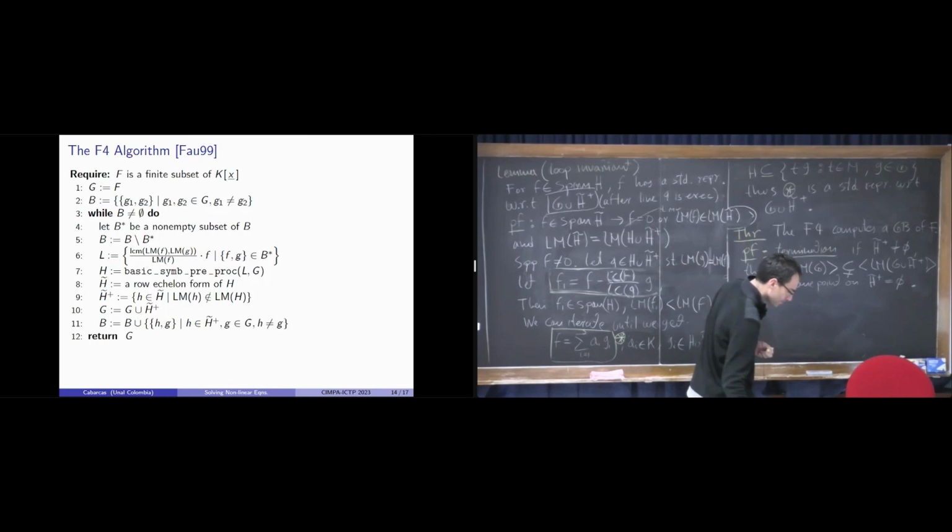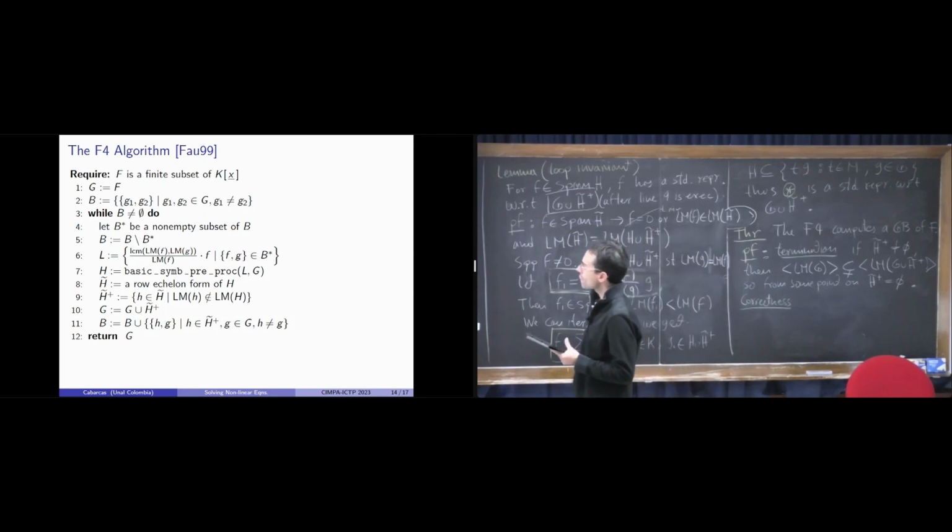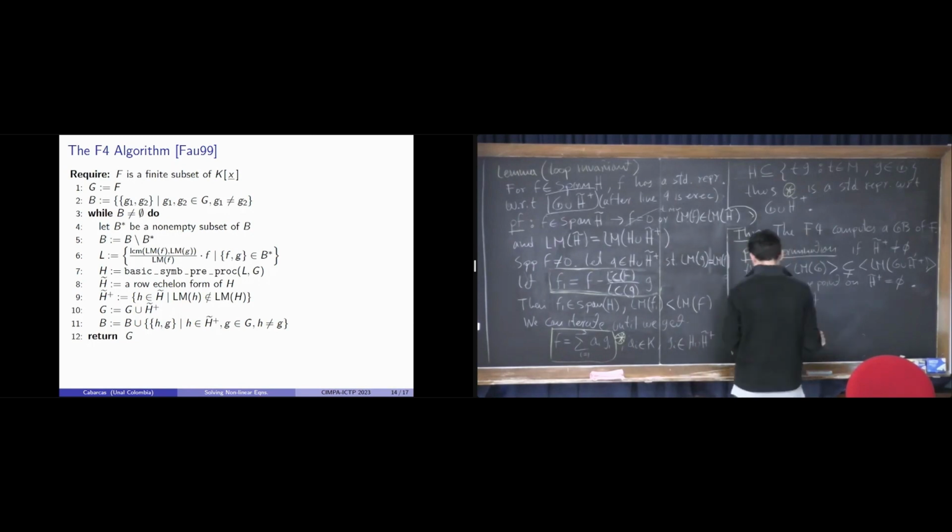Then for correctness, let's take two elements f, g in G out.